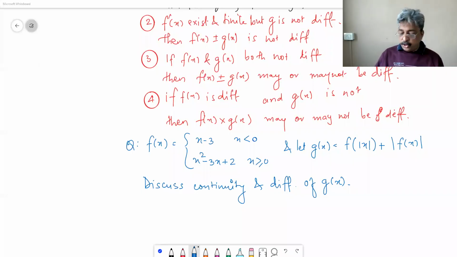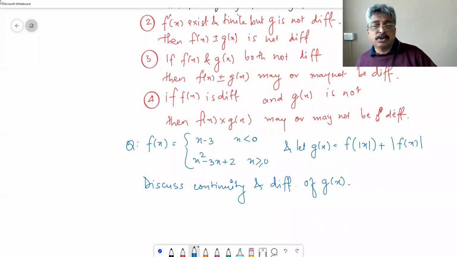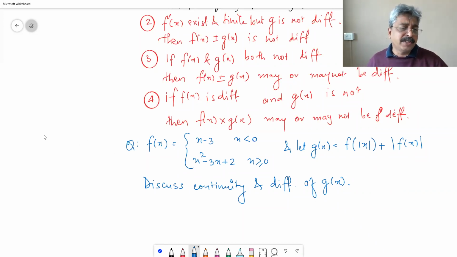What is the example for this third point? F and G both are not differentiable functions, but the summation function may or may not be differentiable. It is very simple. Let f of x is equal to mod x, not differentiable at x is equal to 0.